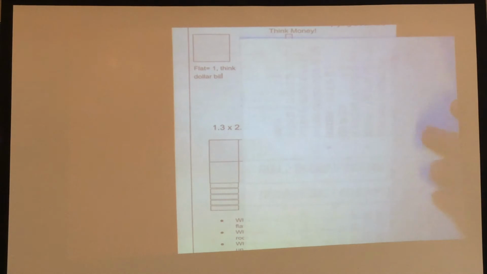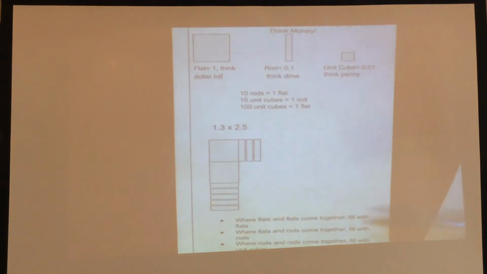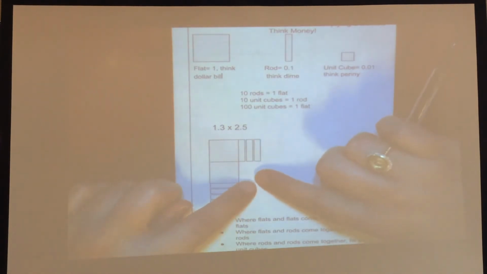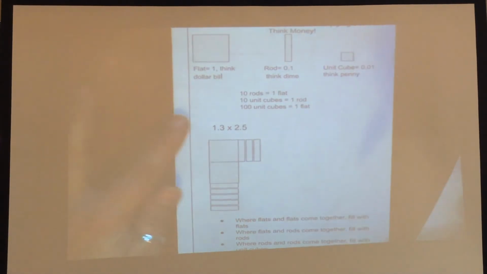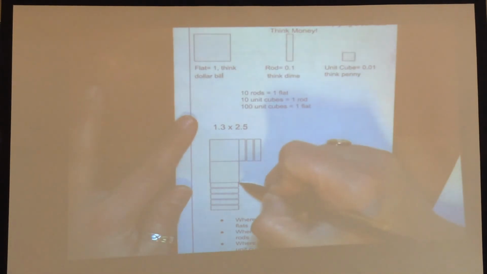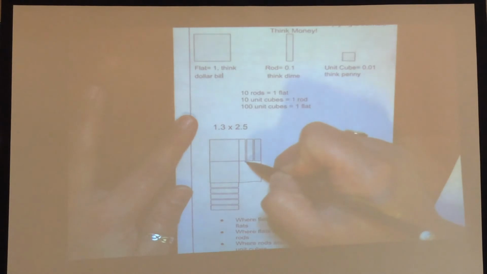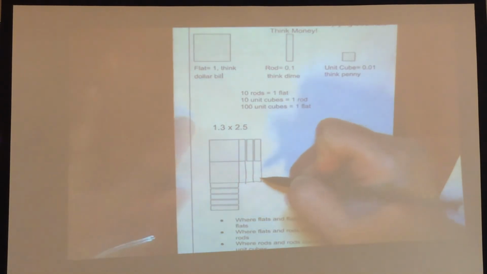Now, when I'm filling in my model, beside a flat and a rod, where they come together, I'm filling these in with rods. I'm going to take my pencil and draw this going over the length of this, making that 1, 2, 3 rods.